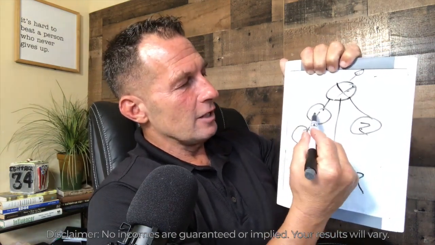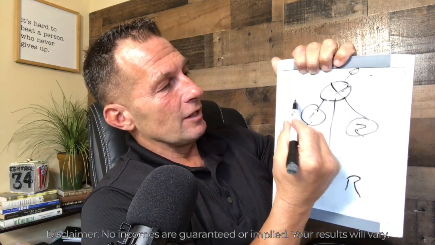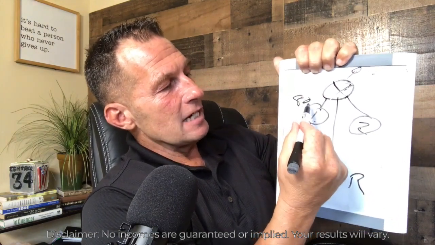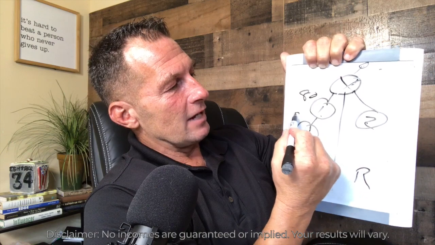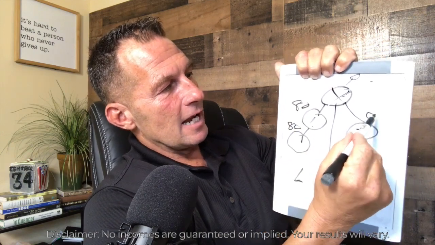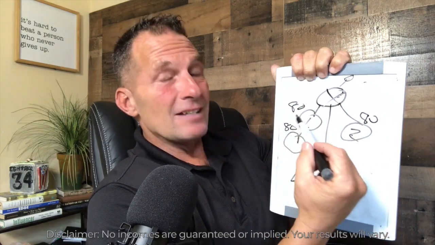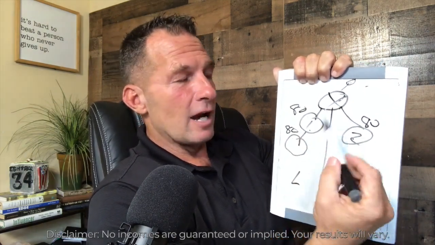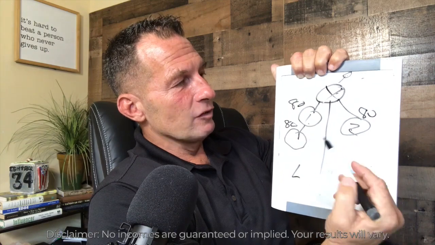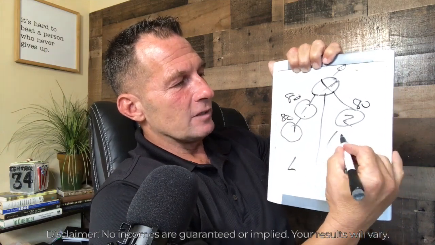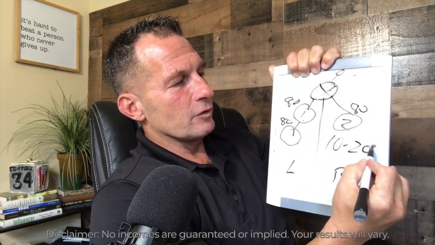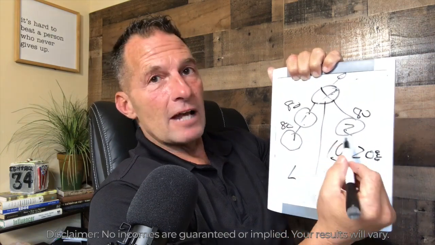If this person has a $115 package, there's 80 points in volume here, and let's say they have 80 in volume here and 80 here. Based on your rank, you're now eligible for anywhere from 10 to 20% on the lesser leg volume.